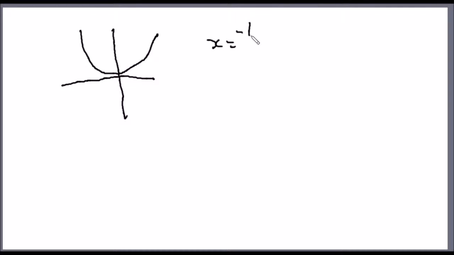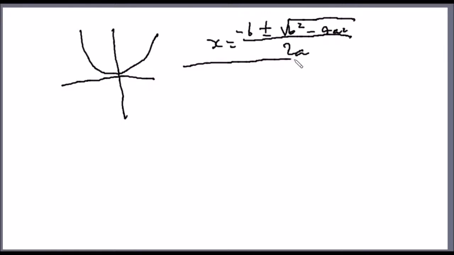The shape of a quadratic is parabolic, which has that shape. Also, the equation for a quadratic in order to find x is minus b plus or minus the square root of b squared minus 4ac all over 2a. And this can be found using the completing the square method.